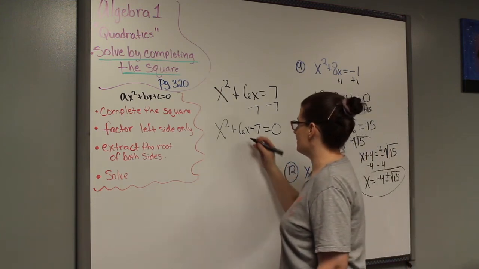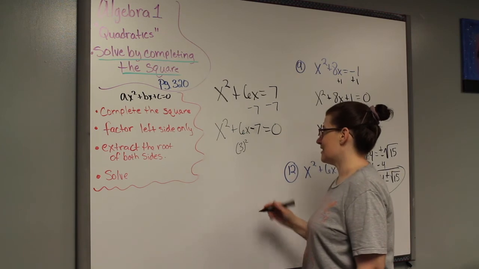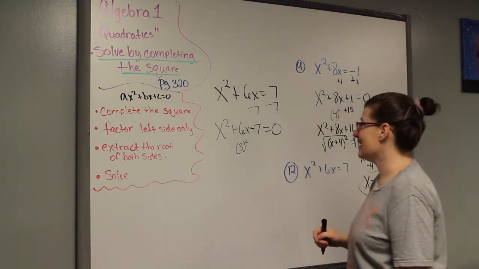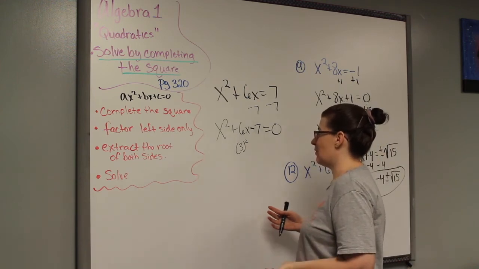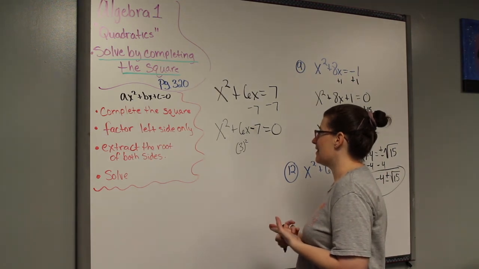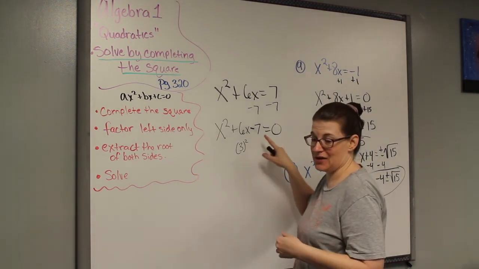Half of positive 6 is 3. And 3 squared is 9. So this needs to be a 9. Alright, it is negative 7. So what do I need to add to that to make that a positive 9? Well, 7 is going to give me 0, because 7 and negative 7.